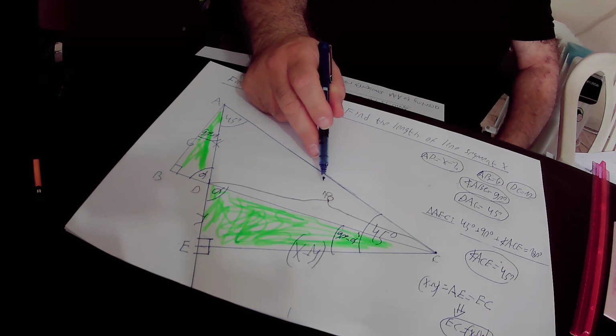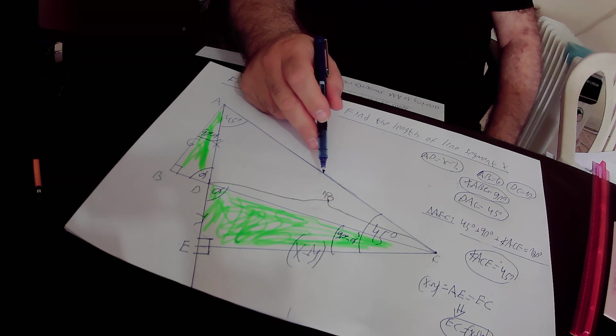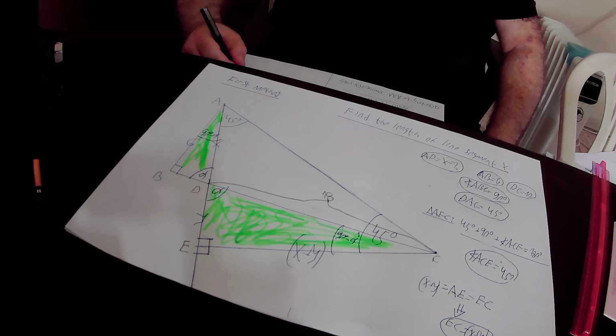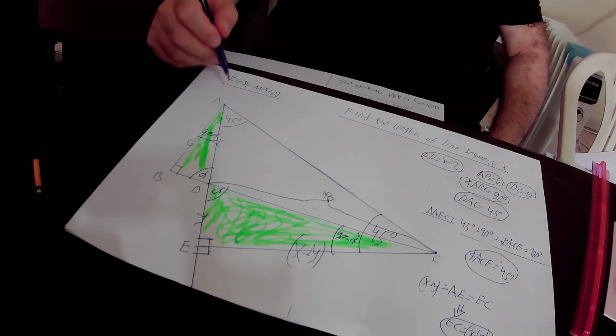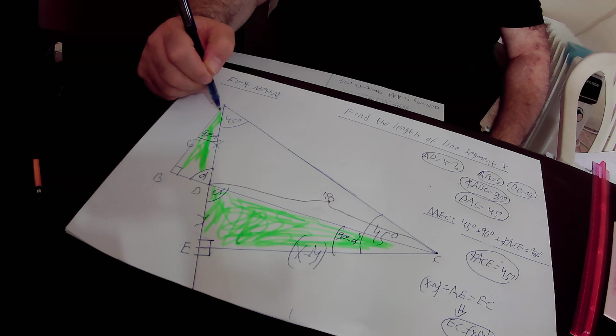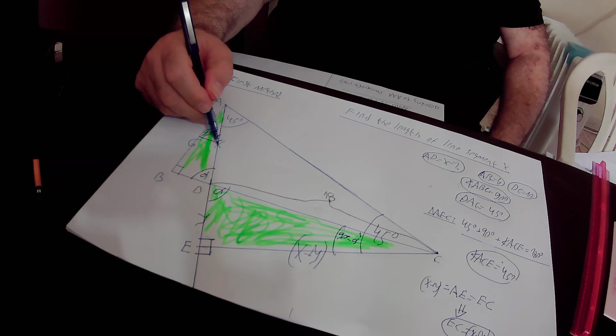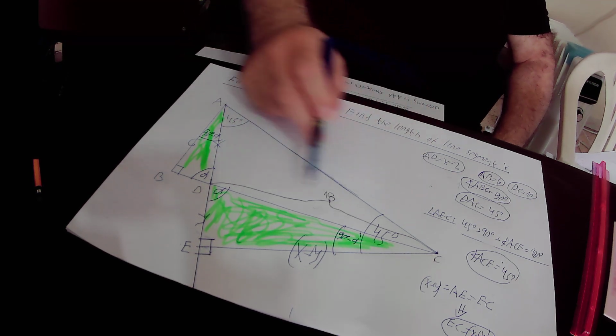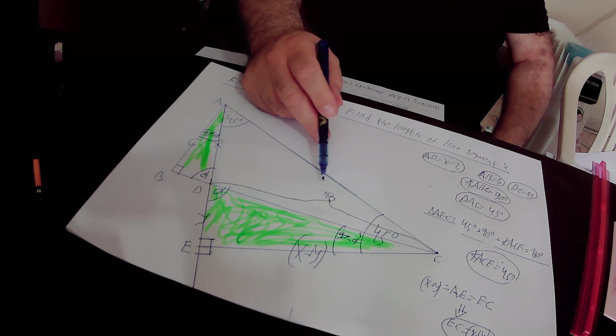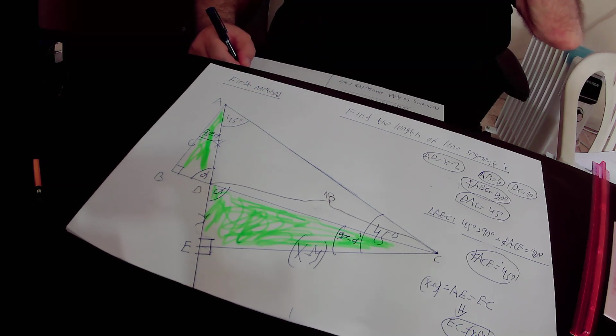AD equals x, so we substitute AD by x. And CD equals 10 units, according to what is given in the question, so we substitute CD by 10.